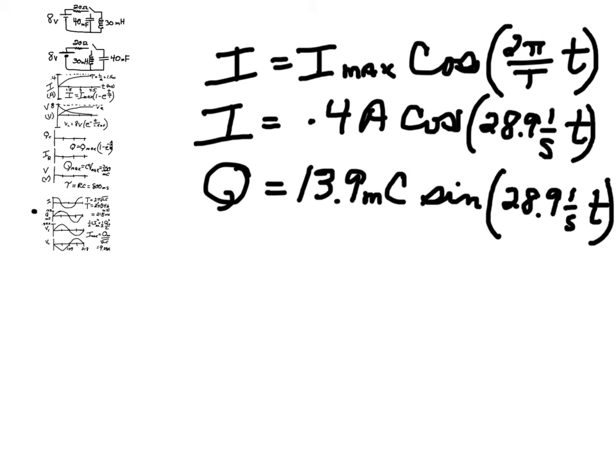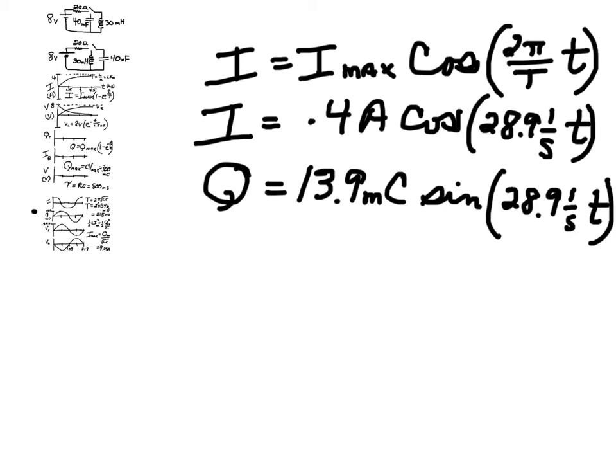So the I is the cosine function, and so the general format is I equals Imax cosine of 2 pi over T times t, where 2 pi divided by the period, 2 pi over T, is also called omega, the angular frequency.